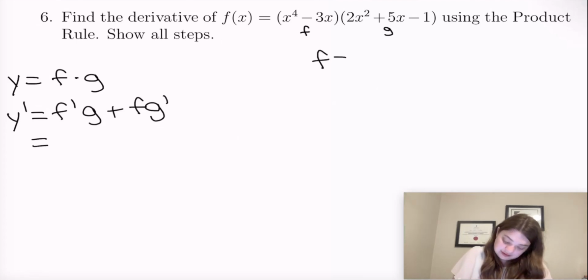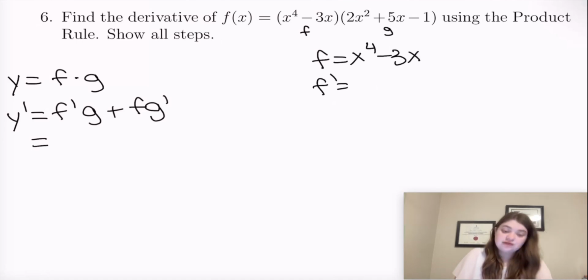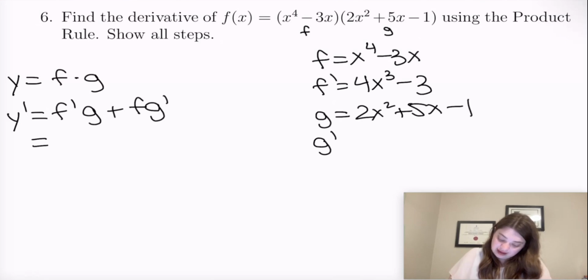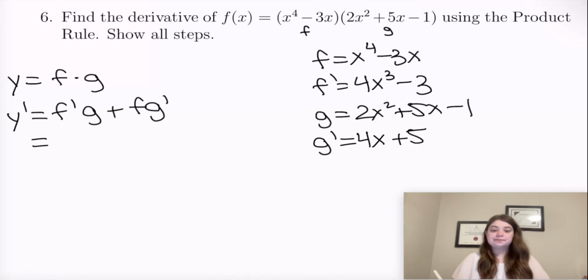We already know that f is equal to x to the power 4 minus 3x. If I take the derivative of that using power rule, I get 4x cubed minus 3. Then we have g, which we said was 2x squared plus 5x minus 1. And then the derivative of that would be equal to 4x plus 5.